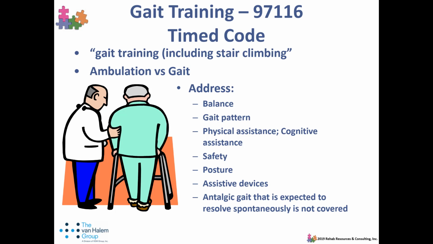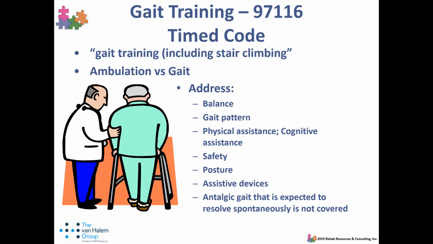Also, repetitive walking exercises to just increase endurance do not require the skills of a therapist and won't be reasonable and necessary. That's why when you're documenting for gait training, it's very important to talk about balance and gait patterns and what you're doing to try to change those gait patterns. How much assistance you're giving, whether it's cognitive or physical. How that assistance is improving, in other words, decreasing over time.